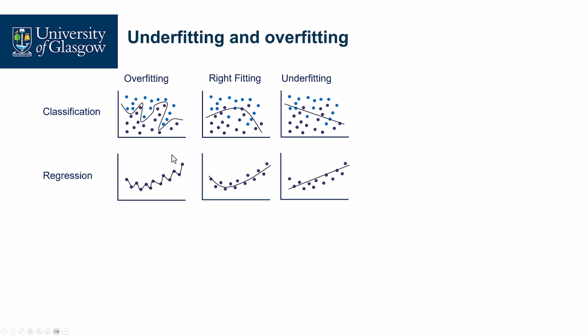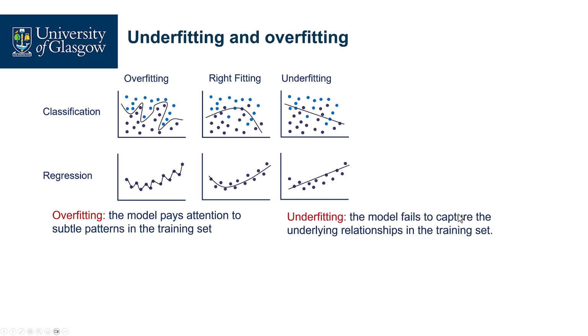But for overfitting, the machine learning model catches the small details of the input and output in the training set, and that is not what we want. And for underfitting, the model fails to capture the underlying relationships between the input and output in the training set. So we want to avoid both overfitting and underfitting.